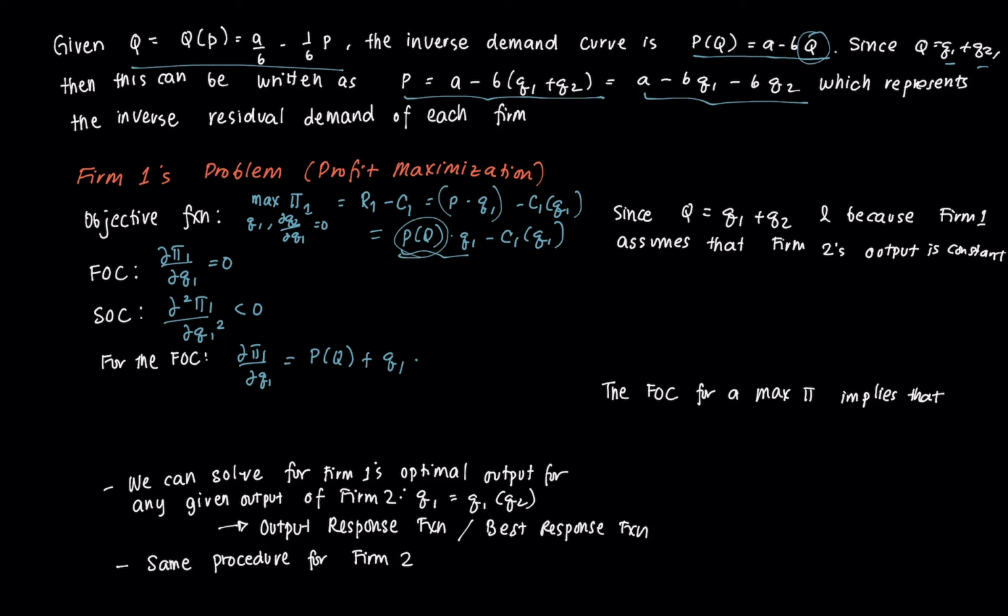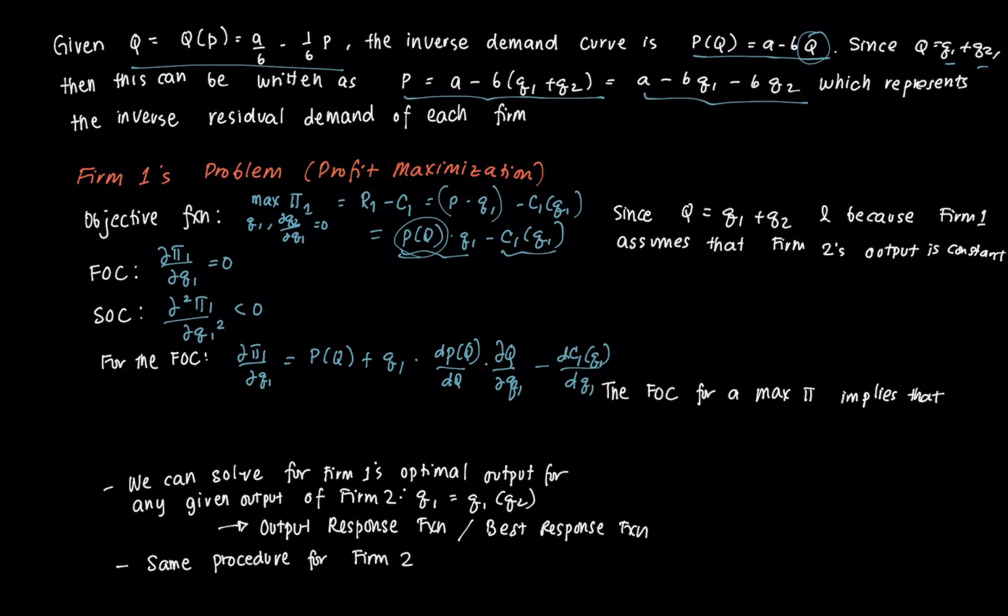So that's going to be dP(Q) over dQ. But we know that Q has Q1 plus Q2 inside of it, so we need to multiply that by the partial of Q with respect to Q1. Minus the derivative of the cost function with respect to Q1, that's dC1(Q1) over dQ1, right?